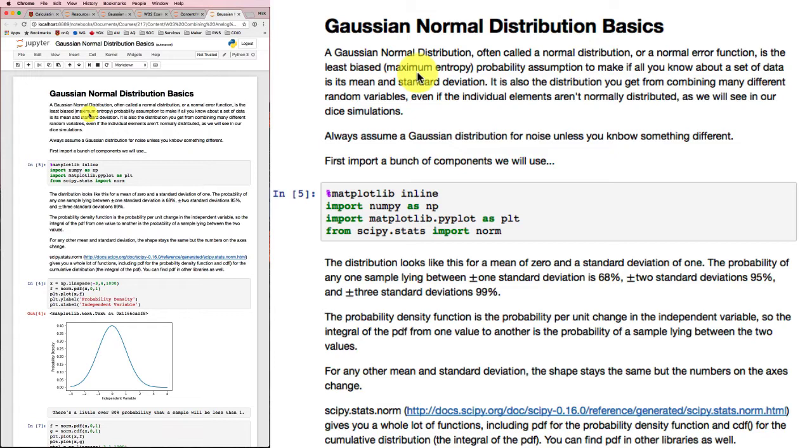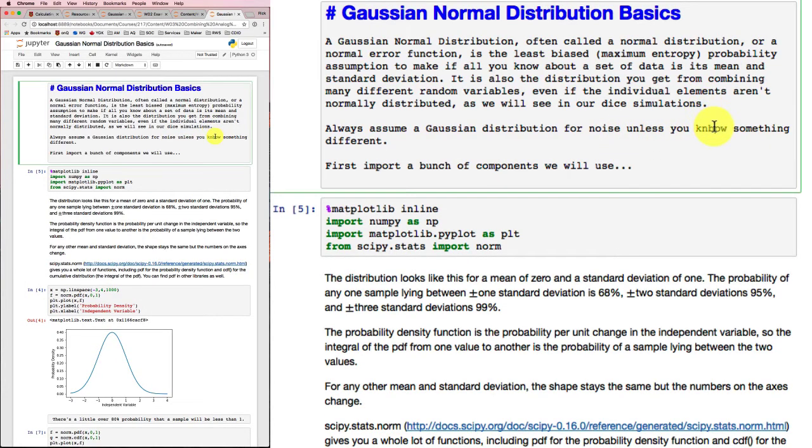If you roll a whole lot of dice, the results will come up looking a lot like a normal distribution. So throughout all of our work, we're always going to assume that our noise is Gaussian distributed. Now, if we knew something different, then we might be able to make some sense out of that knowledge.